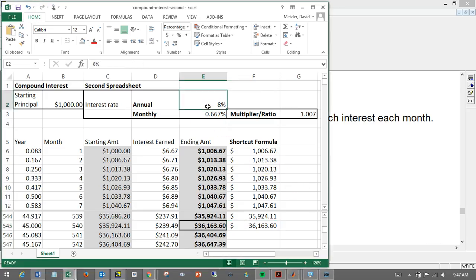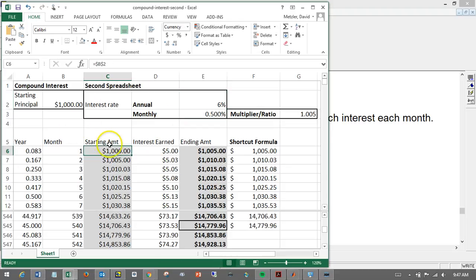If you want to see it on a spreadsheet, for example, this is how that would look. Let me change that back to 6%. You would have something where in each year you start with a certain amount, you get a paltry amount or a fairly small amount of interest just each month. At the end of the month, you have a little bit more money, and then it updates and you get a little bit more money. It updates, you get a little bit more money, and it starts to grow.